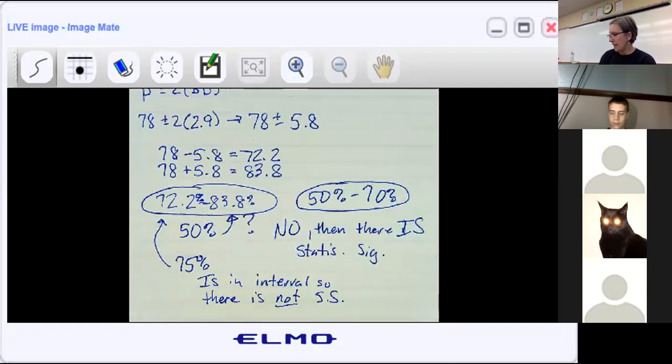Which means that, basically, with the pepperoni and the cheese thing, if the 75% is in fact in the interval, then there's not statistical significance, which means that's kind of what you expect it to be.